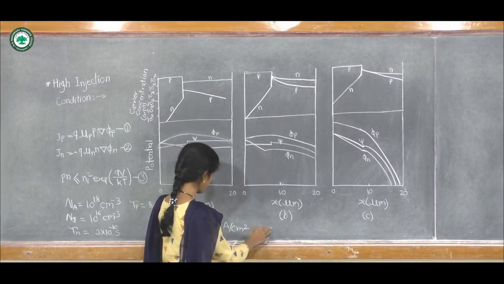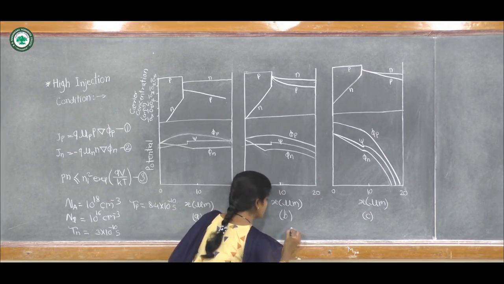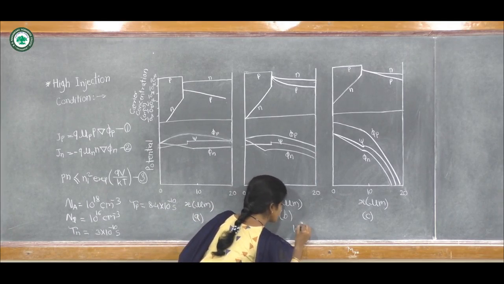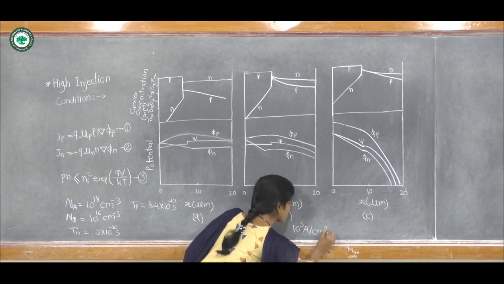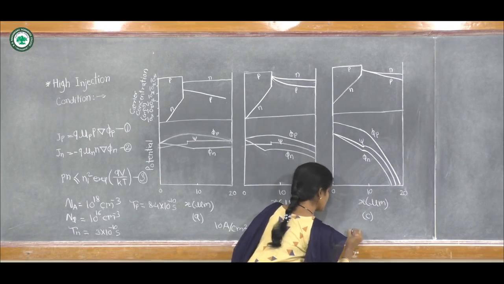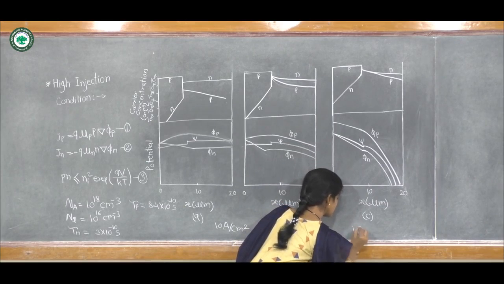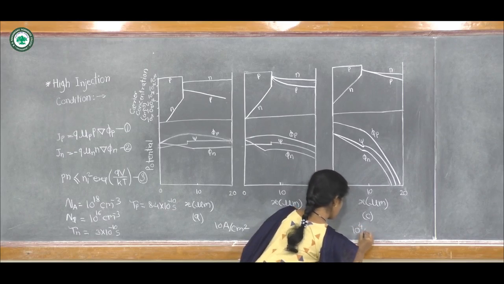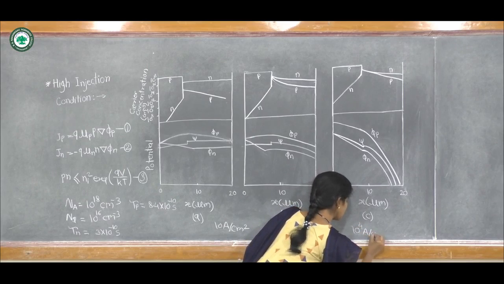This figure B is for the current density of 10 raised to 3 ampere per centimeter square, and this figure C is for the current density of 10 raised to 4 ampere per centimeter square.